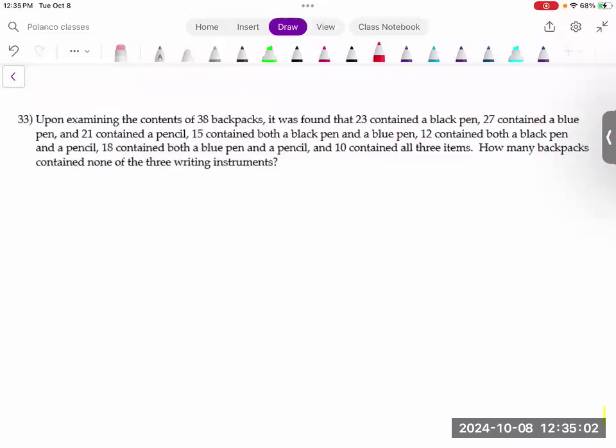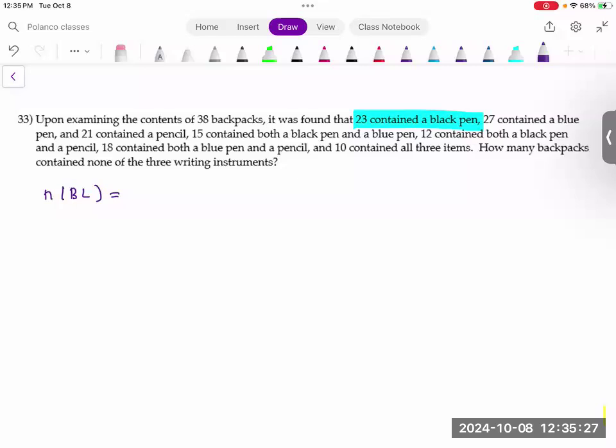Okay, the easiest way to do this is to use sets as representatives, right? So for example, the sentence here, 23 contain black pen. So I'm gonna put the number of BL, BL is gonna stand for black, right? Black pen.